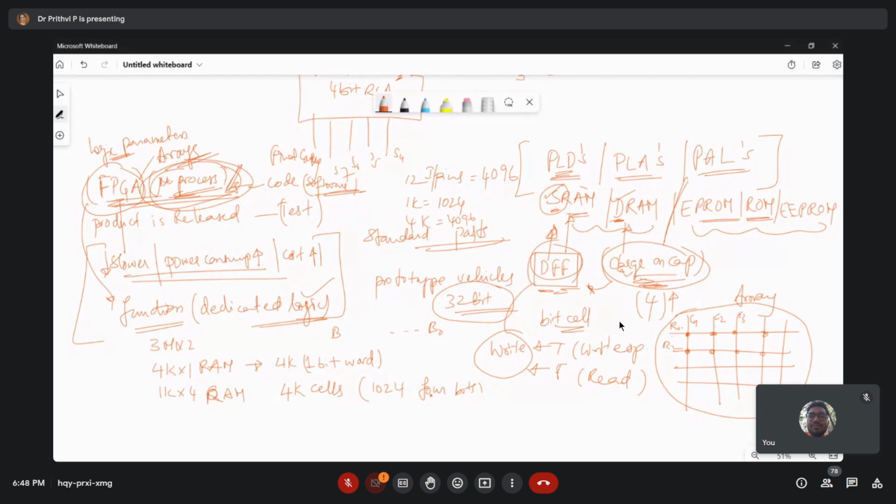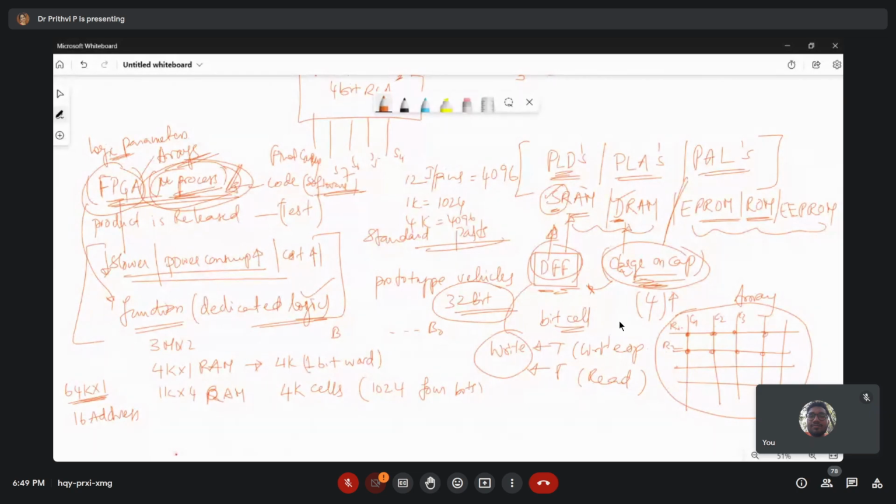Okay, so something like if it is 64K is to 1, how many address bits does it require? 16 address bits it requires.